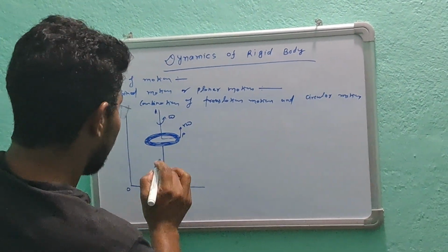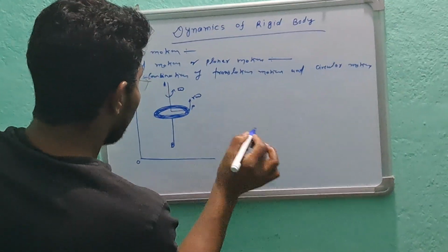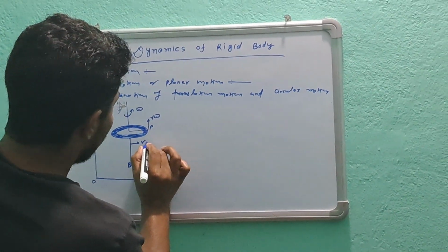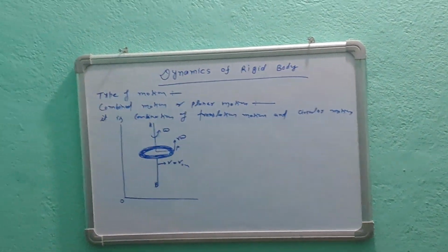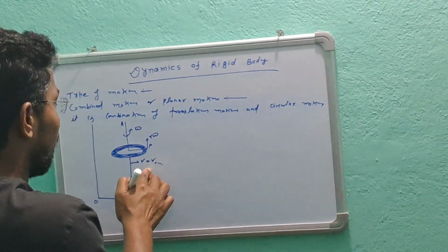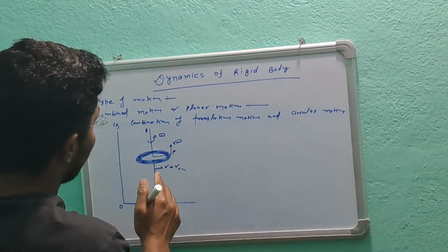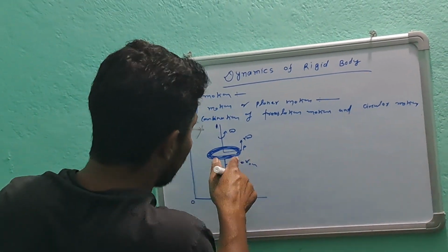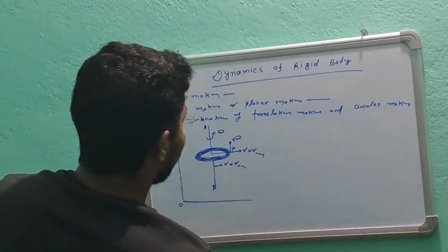And let the axis be moving with velocity v, that is equal to VCM. We know from translational motion that if v is the velocity of the rigid body, then every point of the rigid body will have the same velocity. So for the translational motion, the velocity of this point will be v, that is equal to VCM.